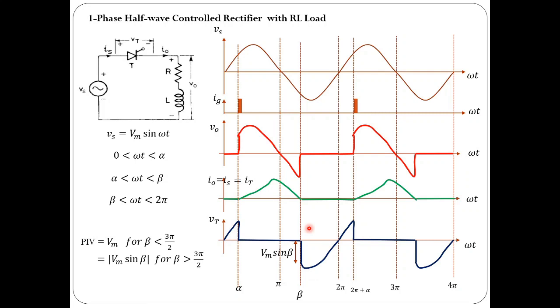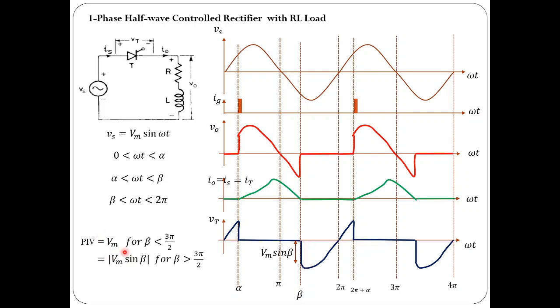The first one, the peak inverse voltage. You can see that the peak inverse voltage is equal to Vm if, for example, beta is less than 3 pi by 2, since the peak reverse voltage would occur at 3 pi by 2.